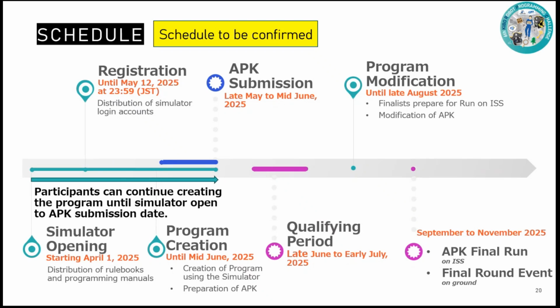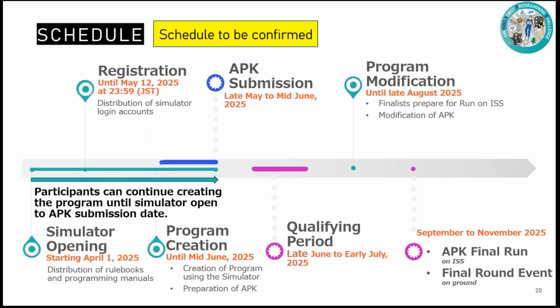However, the simulator will open on April 1st. That means you can start to develop and train your program as soon as you are registered, from April 1st until the submission deadline.